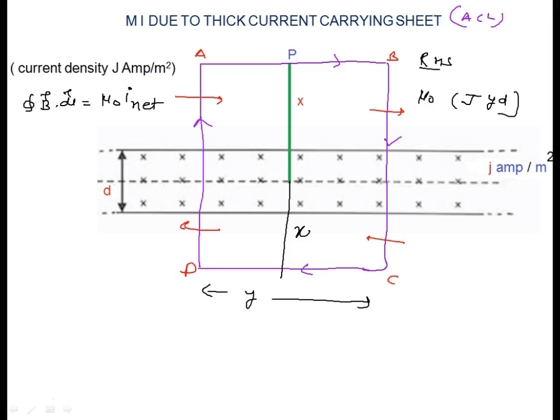Now I am solving the left hand side part. I have to solve the integration over A, B, C, D of B dot dl. Sorry, there is a limit only, so I have to change it.